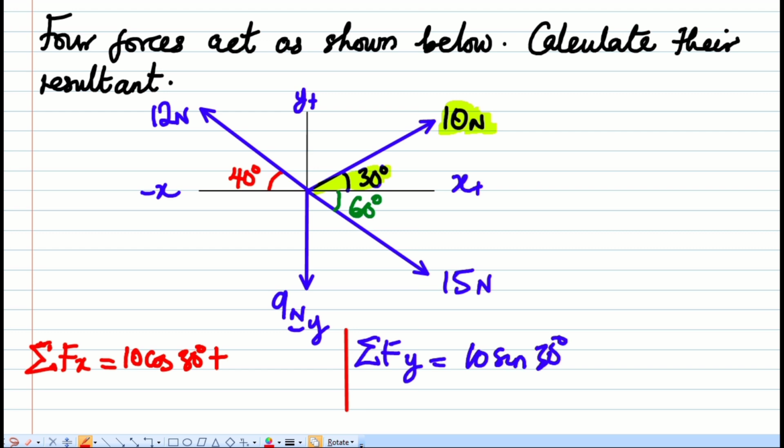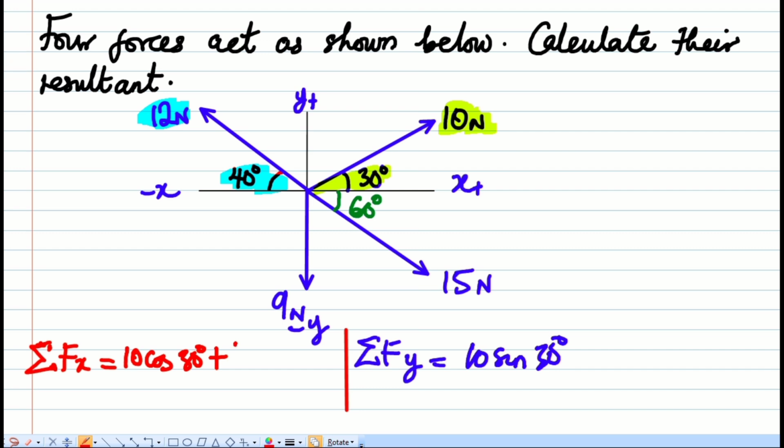So let's move over to the next one, which is 12 Newton. For the horizontal, you see that this 12 Newton is going in the negative x direction. So look at the angle it makes with the horizontal. See that it's going towards the negative, so it's going to be negative.